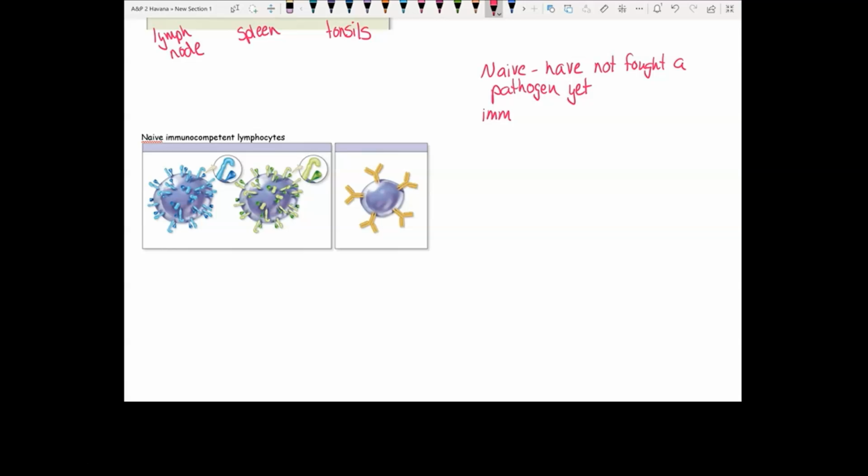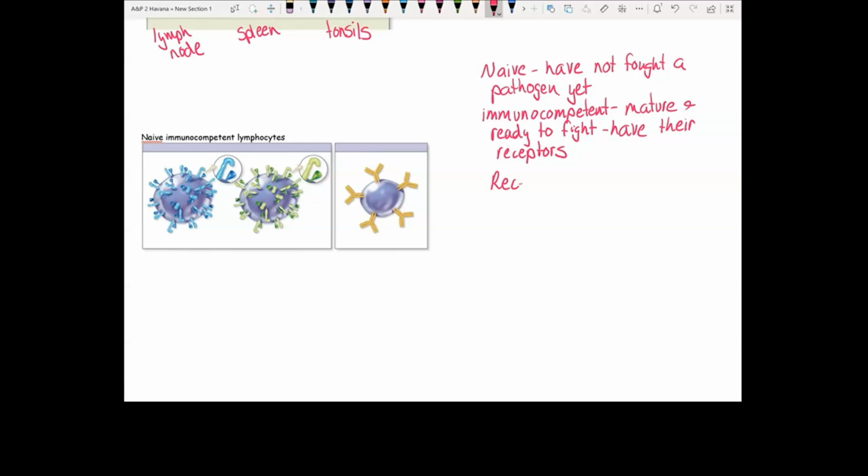Immunocompetent means that they're mature and they're ready to go. And being mature means that they have their receptors. The receptors are the key to how lymphocytes work.